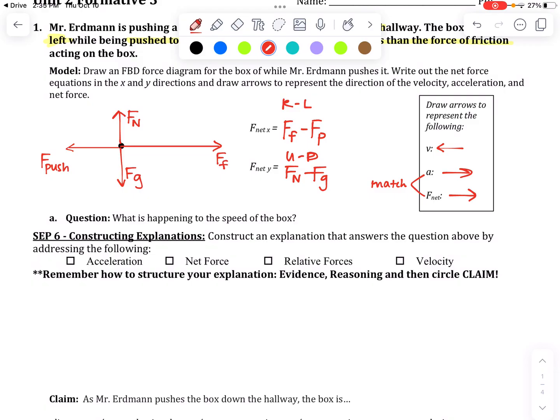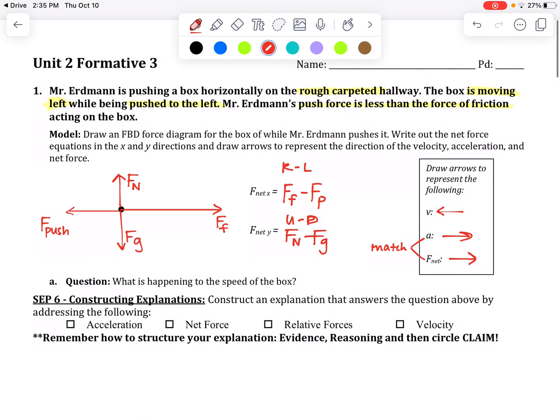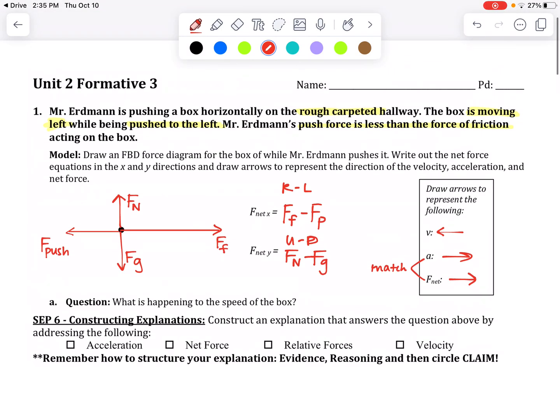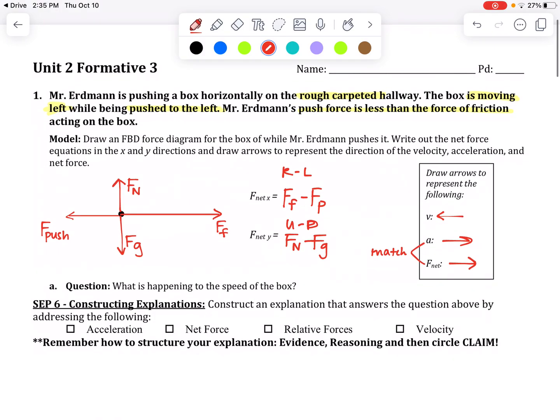All right, so now I'm ready to start my explanation. I'm going to start with something that's important from the prompt. I'm going to pull something from the prompt that's important as my evidence. I highlighted a bunch of important things.